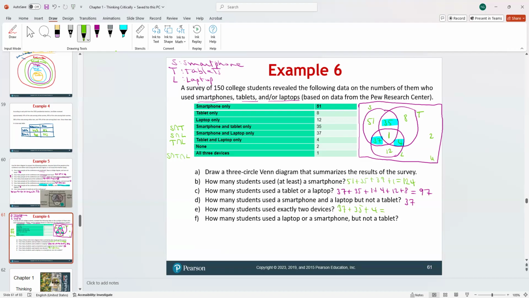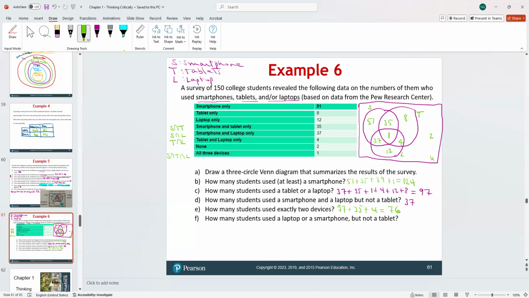When you add all of this together, it gives you 76. Okay? Voila. I remove it. Oops. That was 4. Okay. Now, let's go with the last question. How many students use the laptop or a smartphone, not a tablet?